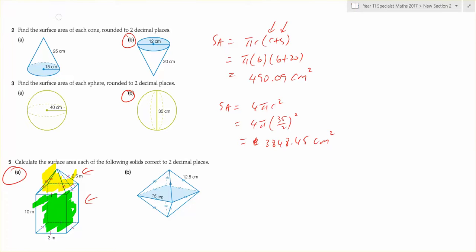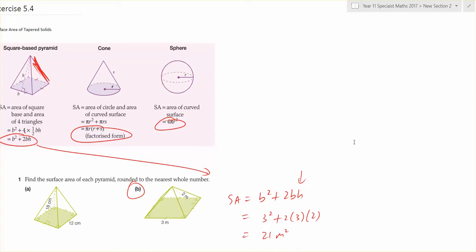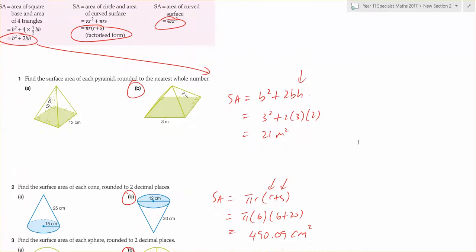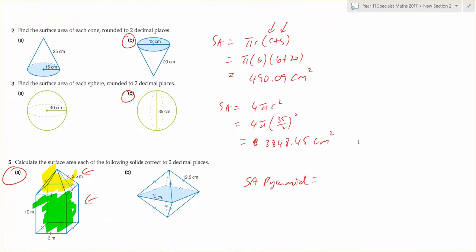To get the surface area of the pyramid, I know that it's given by b squared plus 2bh, which equals 3 squared plus 2 times 3 times the slanty height, which is 2.5.